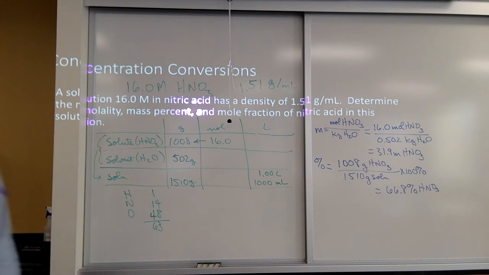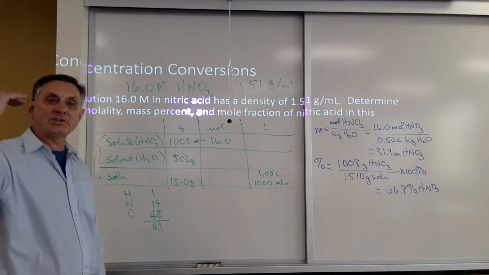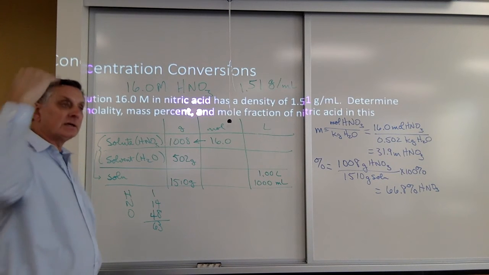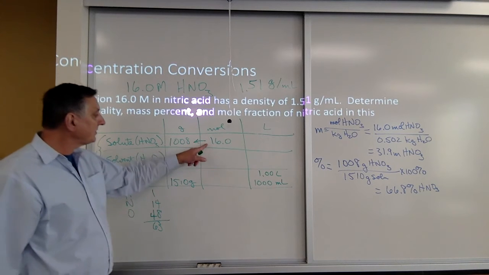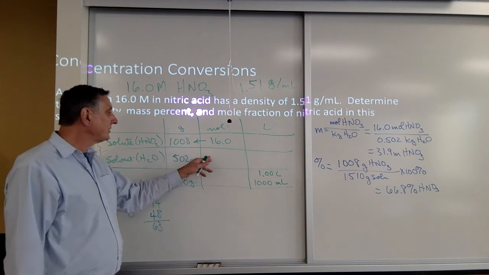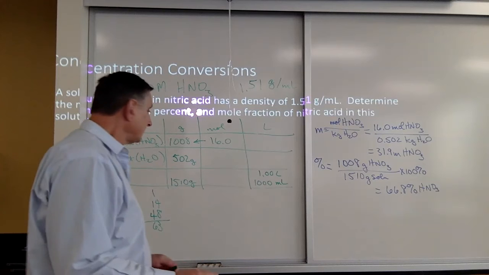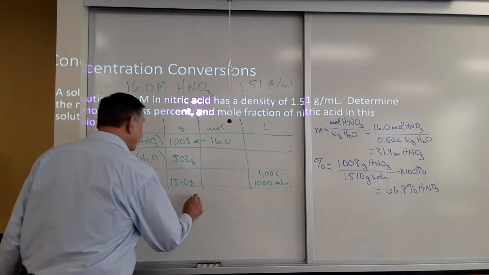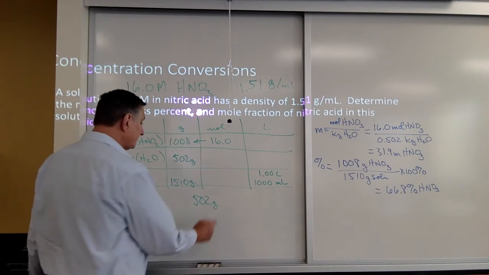Lastly, mole fraction. Remember, it's a fraction, not a percent. It's moles of solute divided by total moles. I need to know the number of moles of my solvent. So I go 502 grams, and my solvent is water.